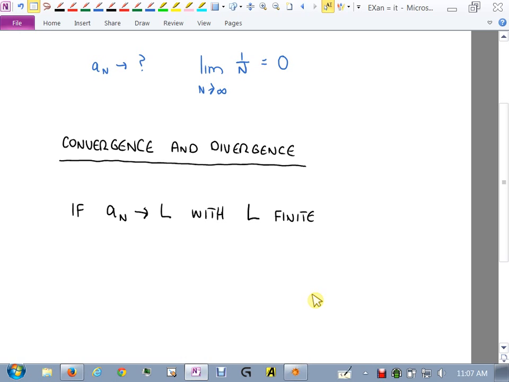It's a number, right? If it goes to L, and L is a finite number, then we say a sub n converges.